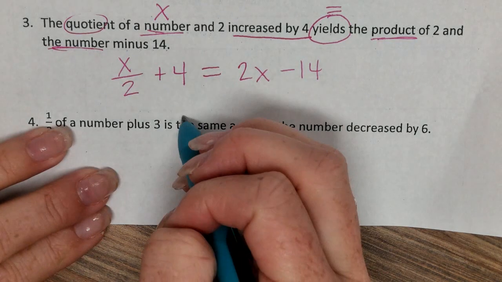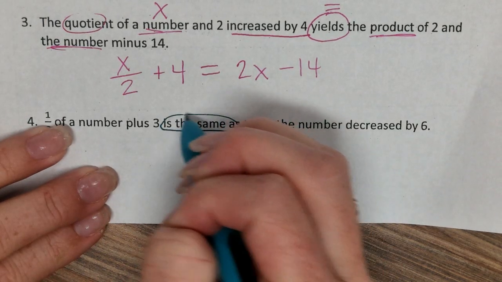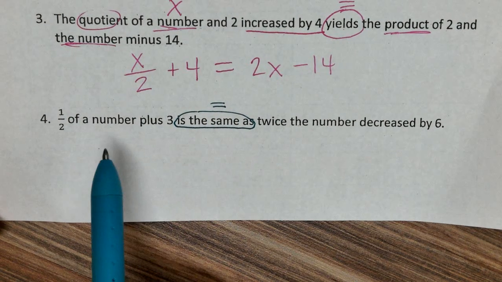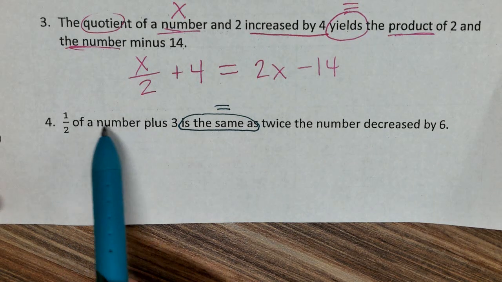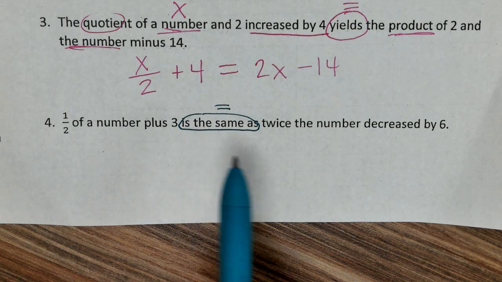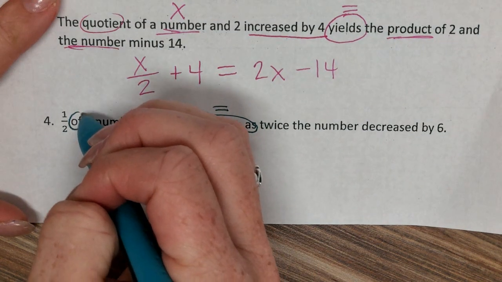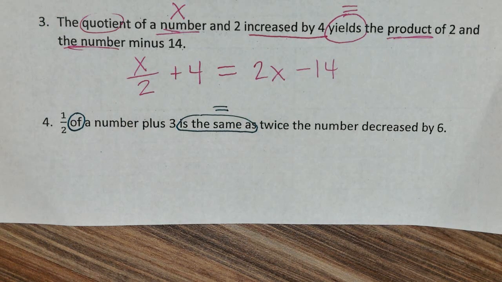What are they? Is the same as. So right here's your equal sign. So you're going to write this side first on your own. Now, this one right here, I'll give y'all a hint. Here's the clue word. Look to the back of the paper.